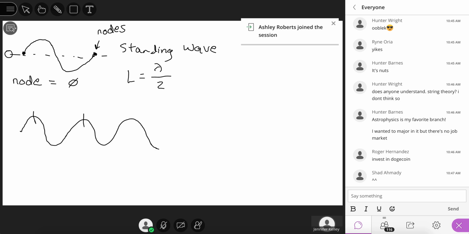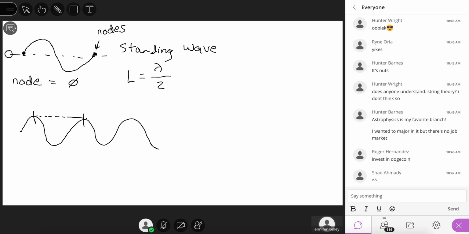The wavelength is from here to here. And if you take the distance, then the length of the string is half the wavelength. It starts to kind of get a little strange.